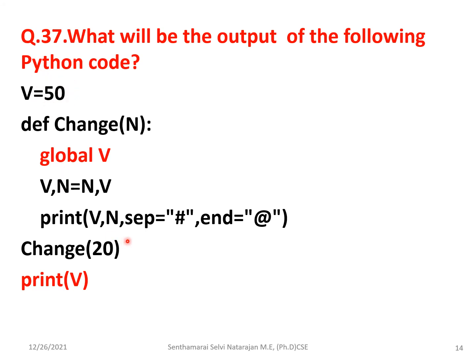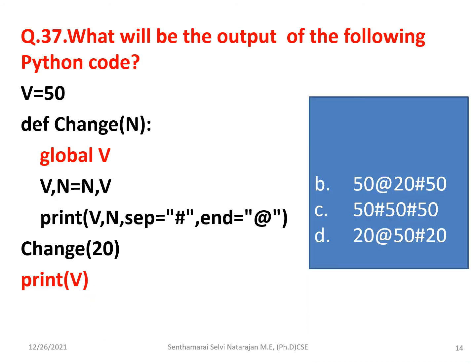Here you can conclude that since within this function the variable v is declared as global, after the change by the statements the value of v should be taken as 20 and not 50. If it is outside the function you can print it as 50. Within this function it is declared as global, so the value changed at this statement is taken.